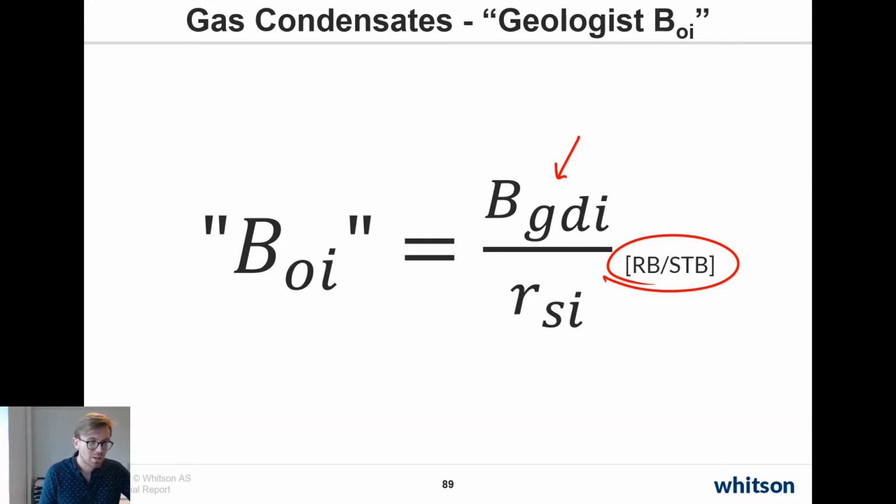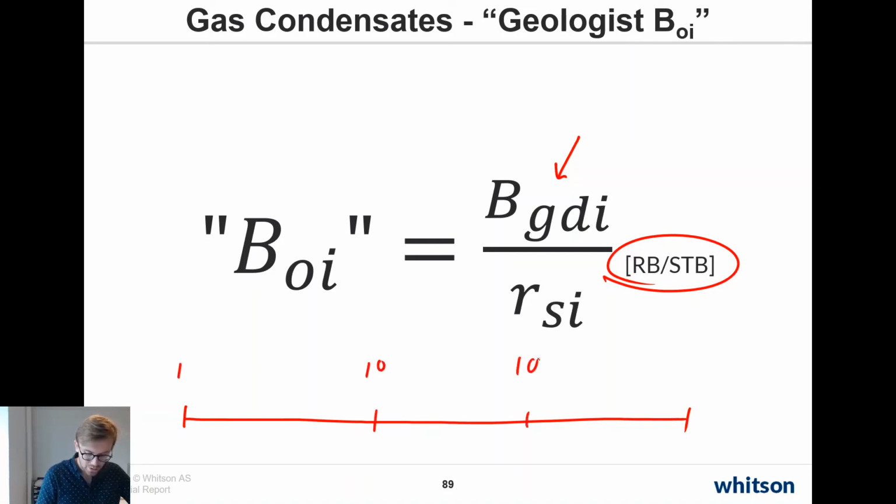And typically, just to provide some ranges, for the BOI, if we had a plot right here, probably on log scale, let's say we have 1, then 10, then 100, then maybe 1,000, where this is reservoir barrels per stock tank barrels. On a rule of thumb basis, let's say we're down at maybe 4 right here, from 1 to 4 maybe.